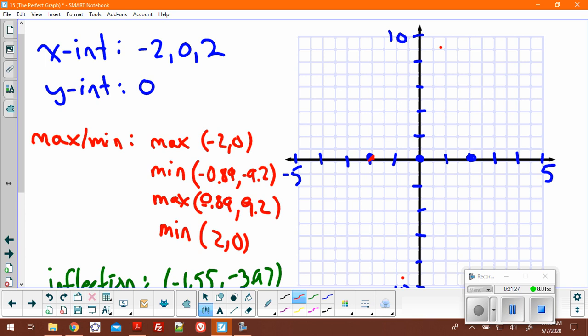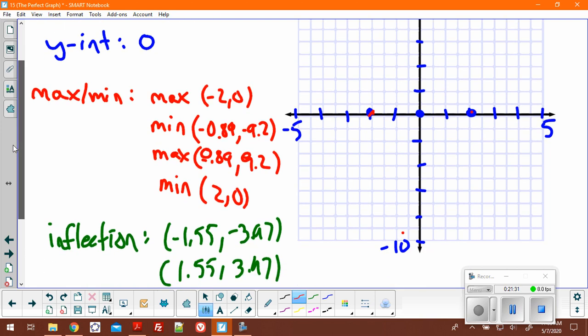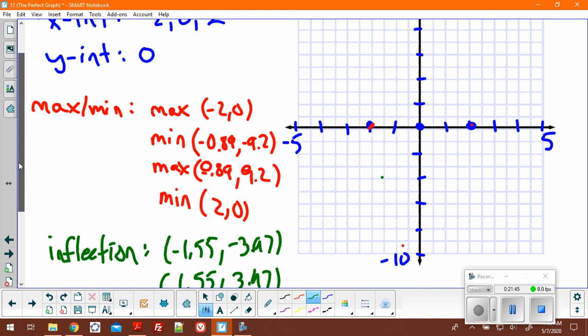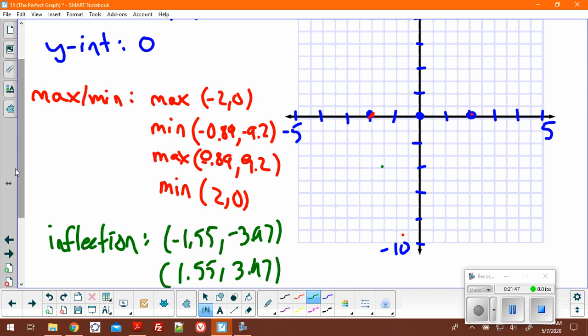And I have a minimum here. I have inflection points at -1.55, so around here, and -3.97, so close to there. And then similarly at 1.55 and 3.97, so 2, 3, 4, about there.